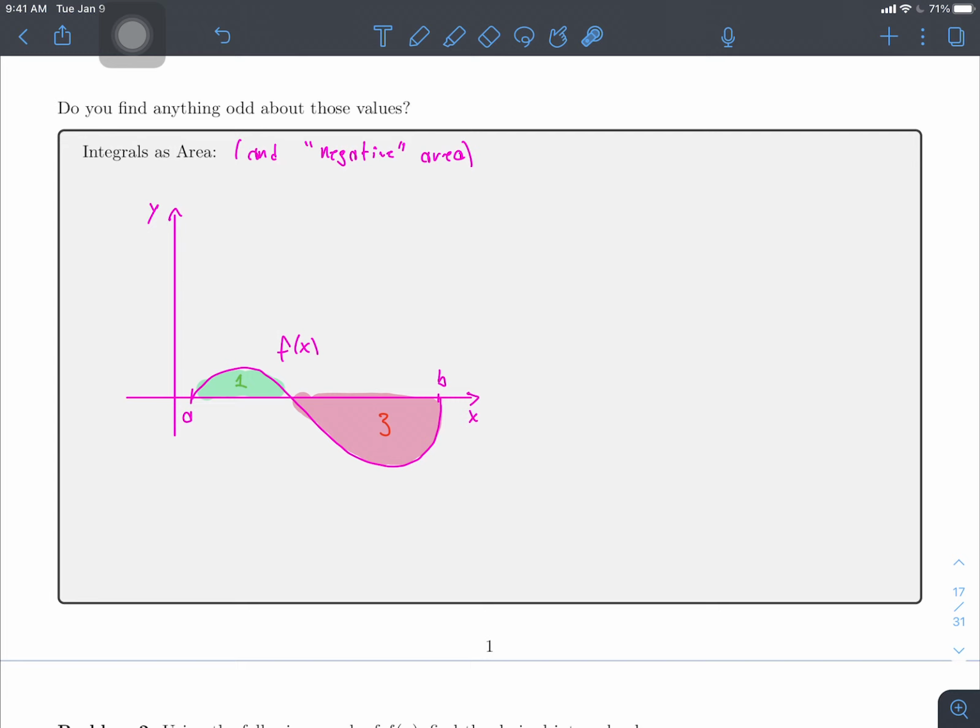But what I've not said so far is what happens if the function goes beneath the x-axis. If we go beneath the x-axis, then the idea of saying what is the, quote, area under the curve doesn't really have a meaning, because underneath is just like a bottomless pit.